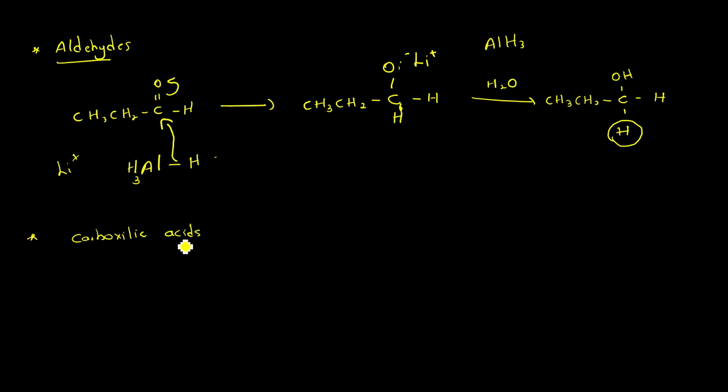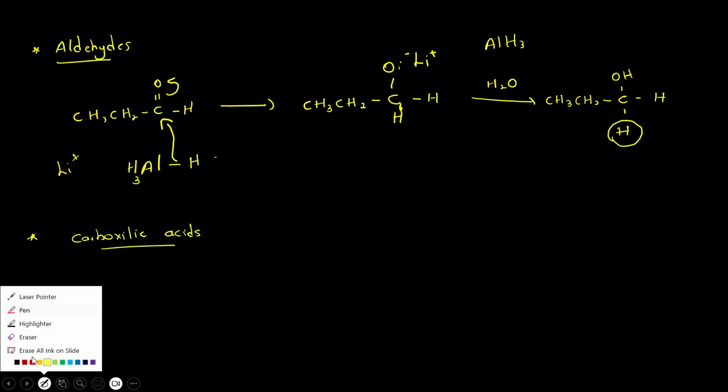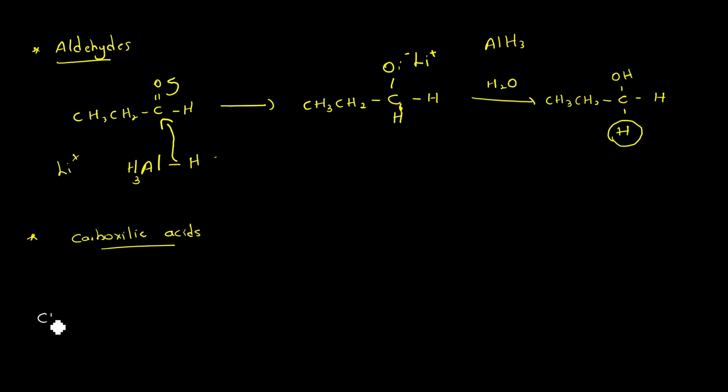If we go through the carboxylic acids, let's take a carboxylic acid like this, CH3CH2C with OH. The same thing first happens. Let me draw the AlH3 and hydrogen. This hydrogen is attacking this particular place, so this one is broken.